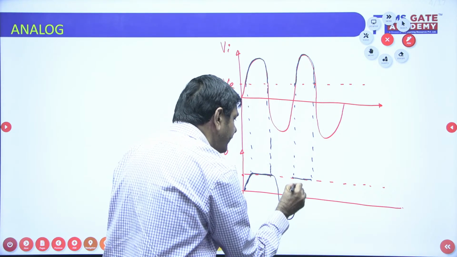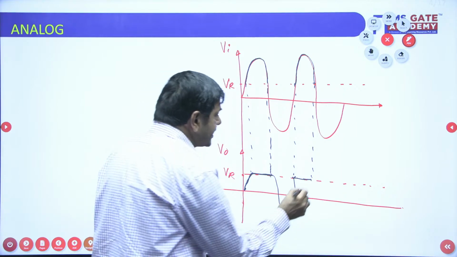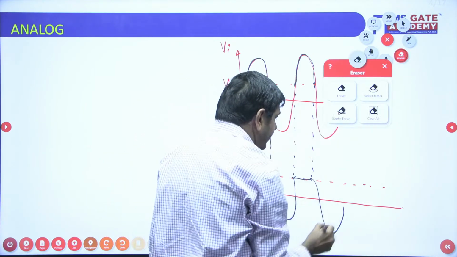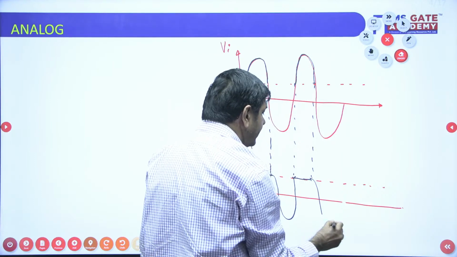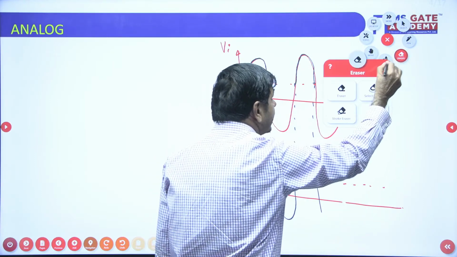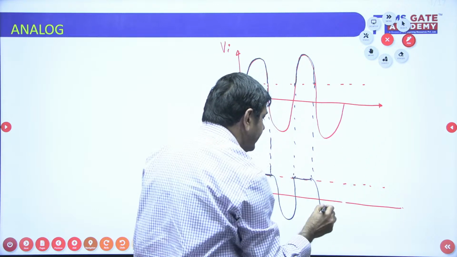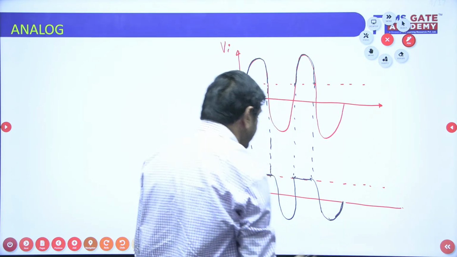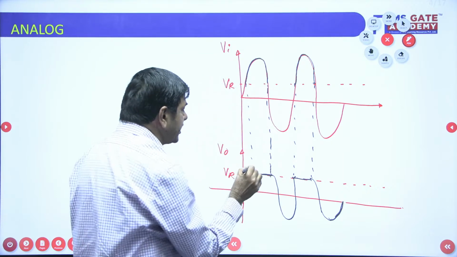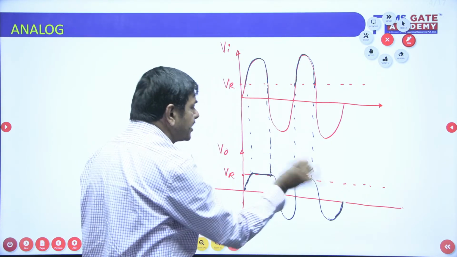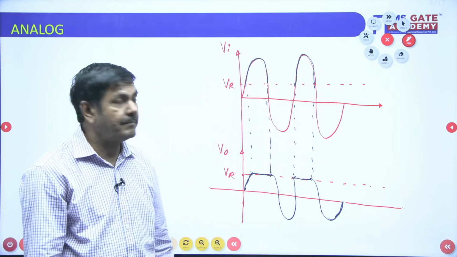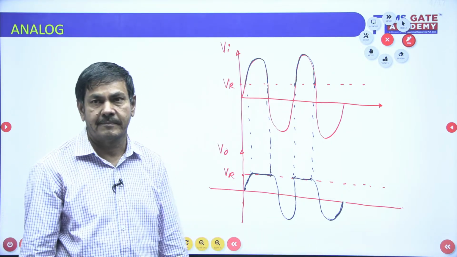But finally, the top portion is clipped. Such a waveform is obtained by using the shunt diode clipper.